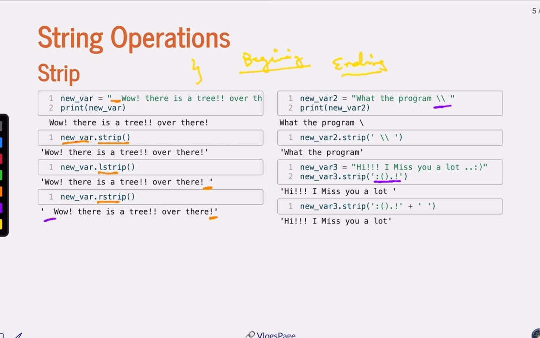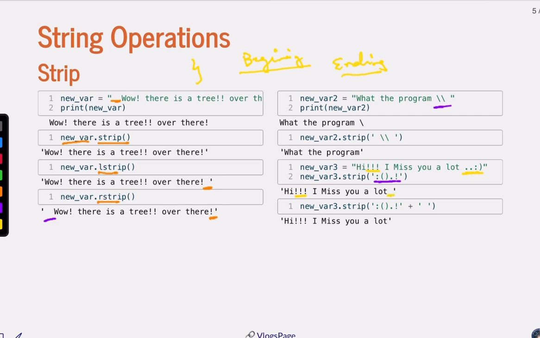Since the exclamation is in the middle, it doesn't get removed. Whatever matches at the end or in the beginning will get removed. So the dot got removed, the colon got removed and the brackets got removed. But since we have not given a space here, the space got retained.